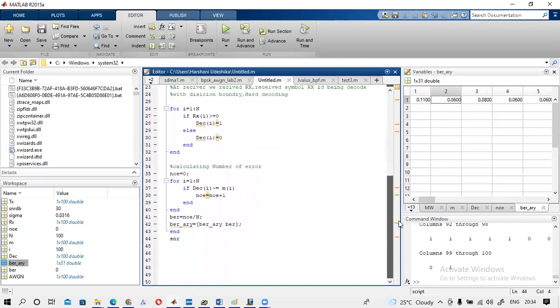So here I am going to generate it. Simply I can generate it, but this is not a formal way. Anyway, you can generate it like this. So here you have generated the SNRdB value again.